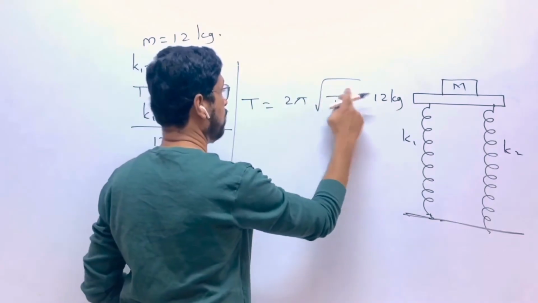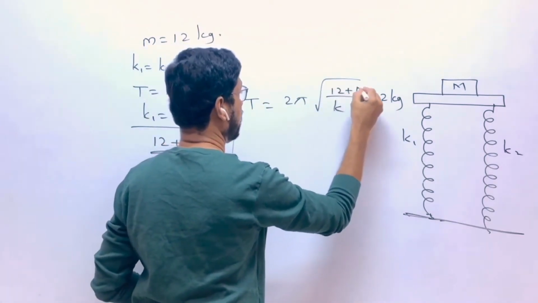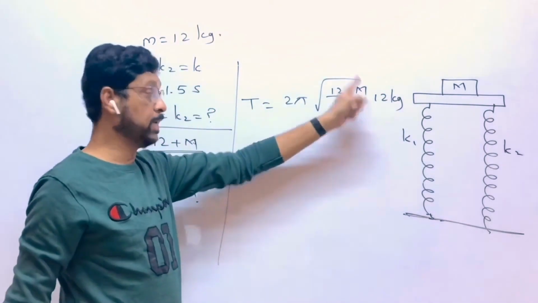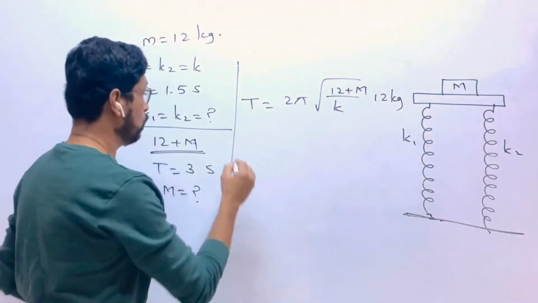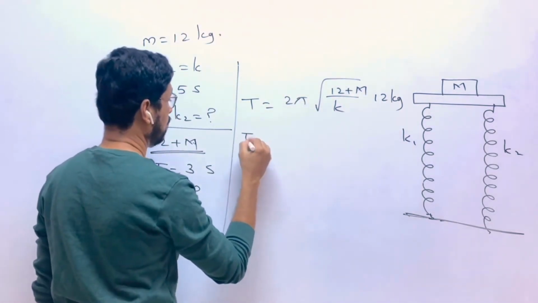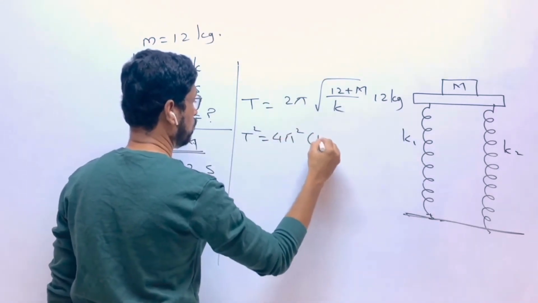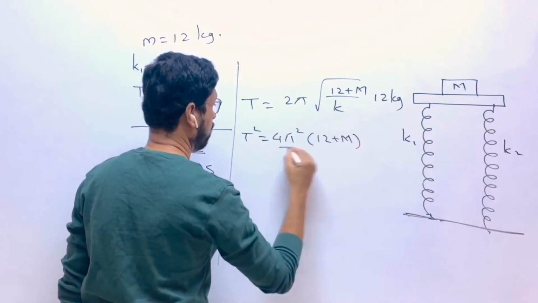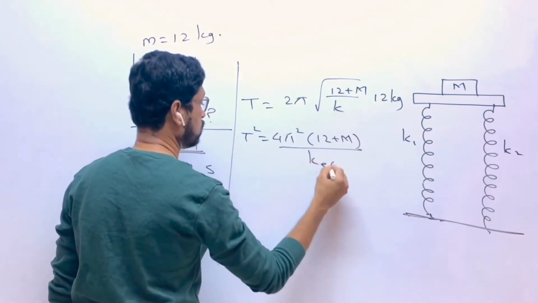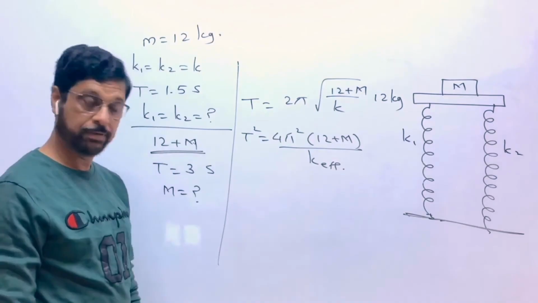So we have to find this capital M. Again, squaring both sides, T square is equal to 4 pi square into 12 plus M by K, and K is obviously K effective.